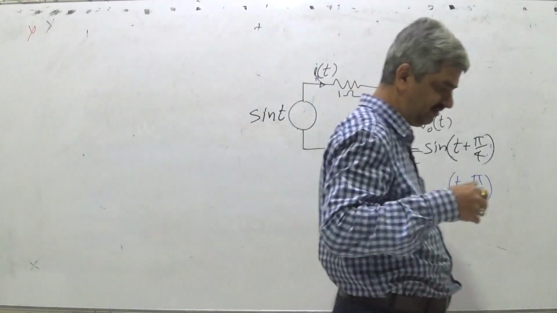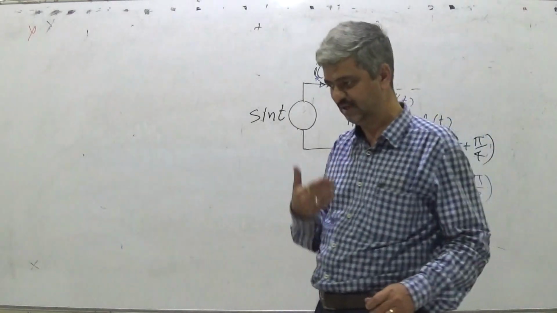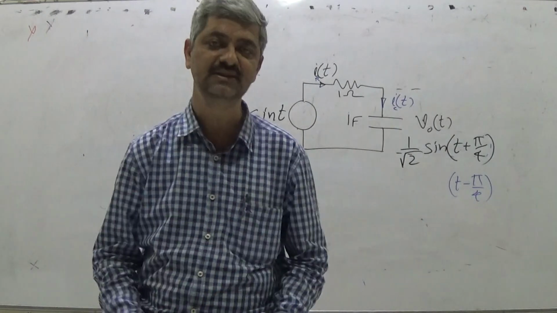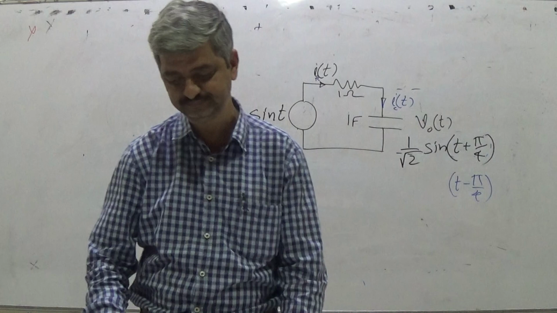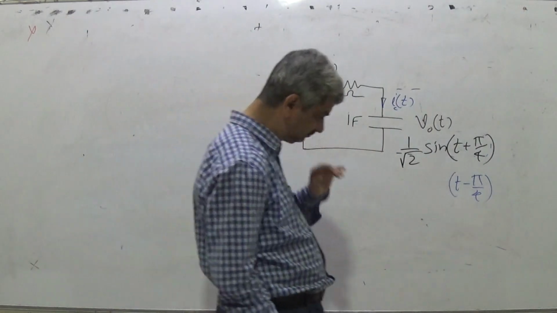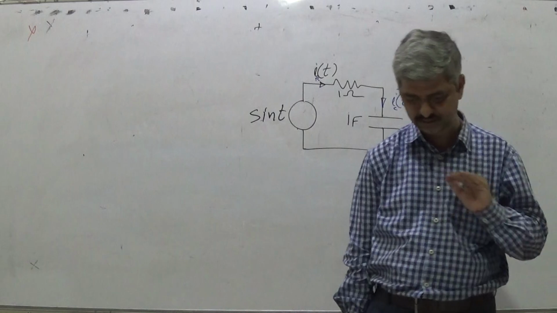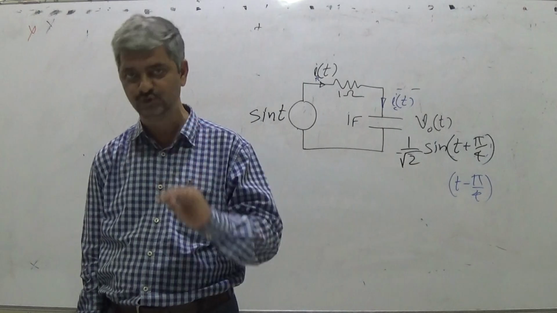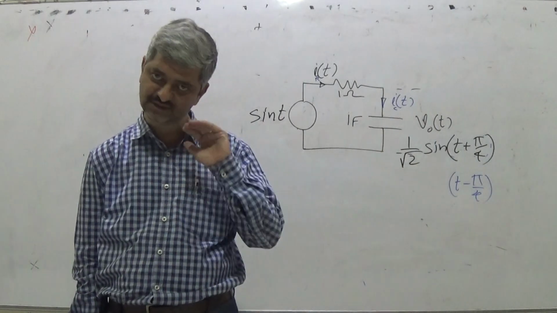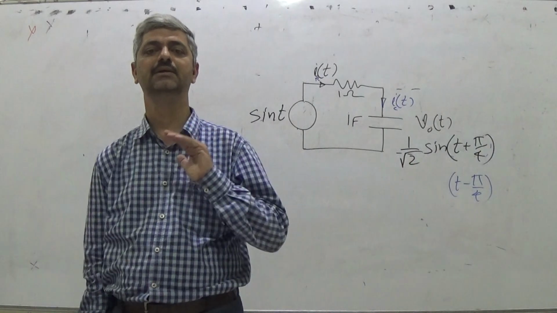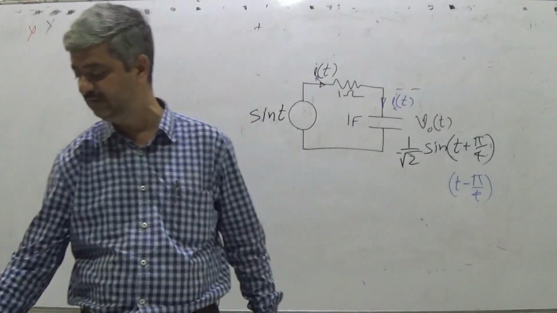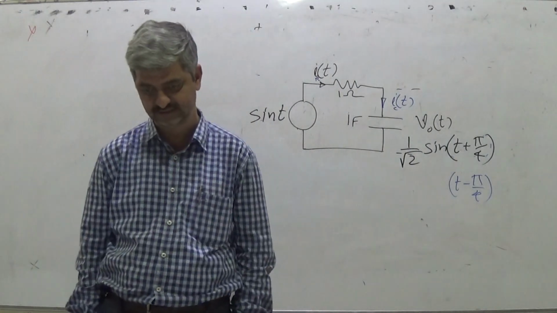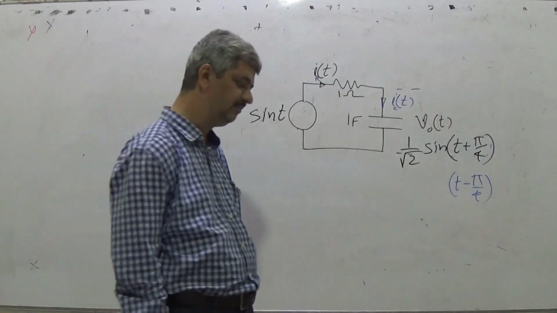So I hope the entire purpose of this exercise, why it was told this way, is that since the derivative of a sinusoid is always a sinusoid, there is no need of any kind of differential equation. We are not required to write any differential equation. So we get free from differential equation.